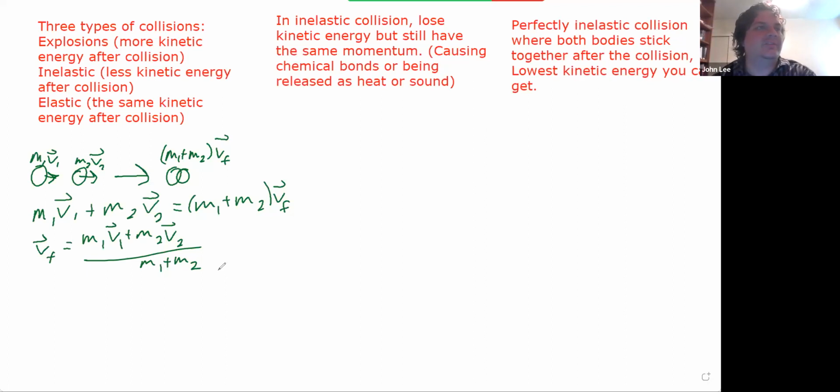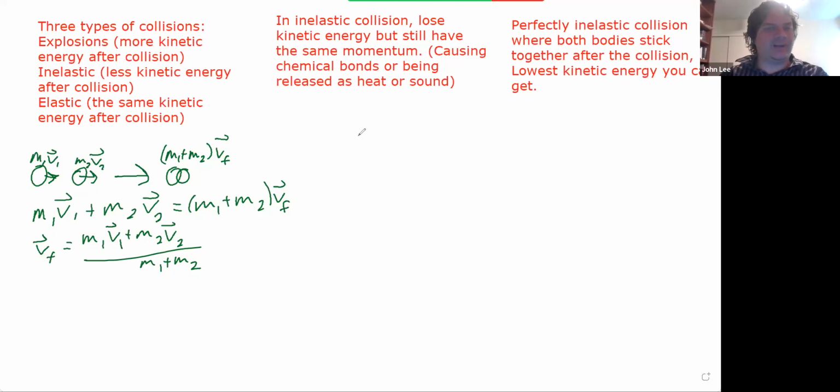The velocity changes, and that depends on how much mass times velocity you initially had, rather than just how much velocity you initially had. So V final equals M1 V1 plus M2 V2 over M1 plus M2.